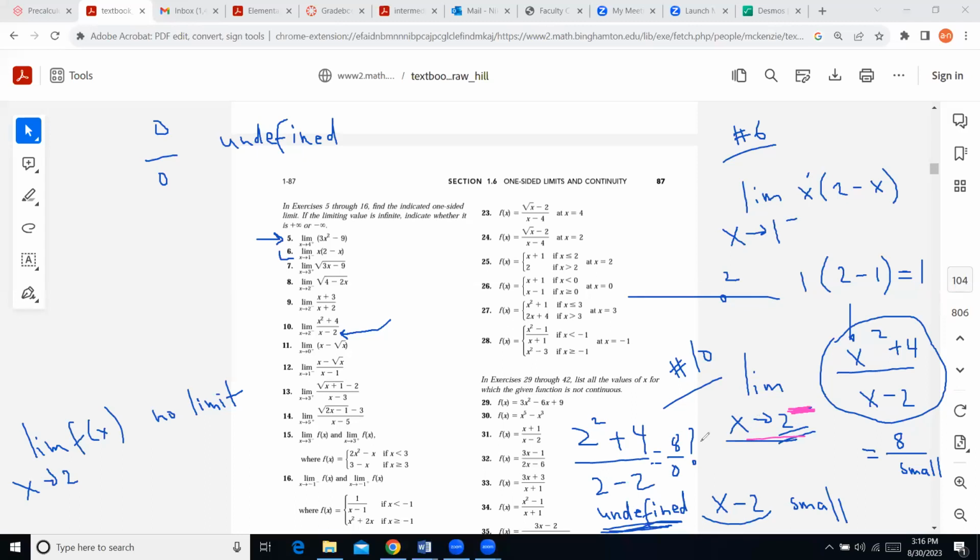So if you have a number which is less than 2, like 1.5, and you take 2 and subtract from it, that'd be a small negative. See, that's where the minus comes from, because the number is actually small negative, and that means that the minus will appear because we're dividing positive 8 by a small negative number, and it's negative big, or minus infinity.